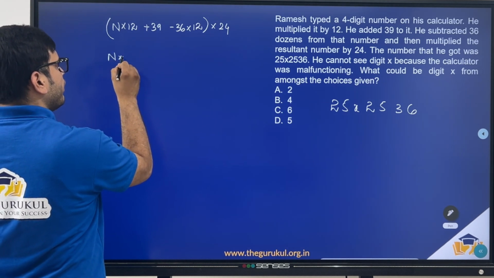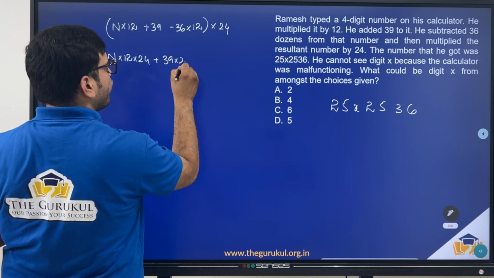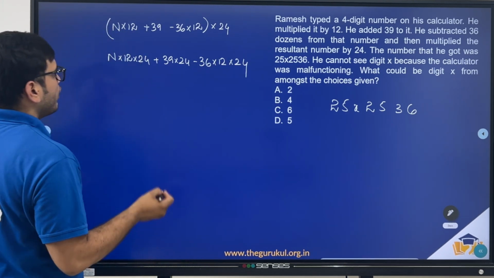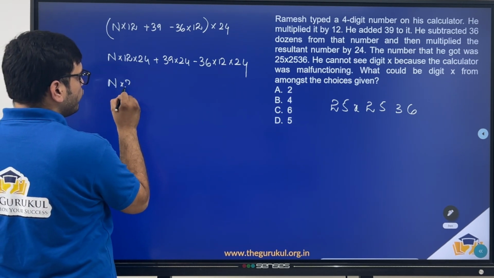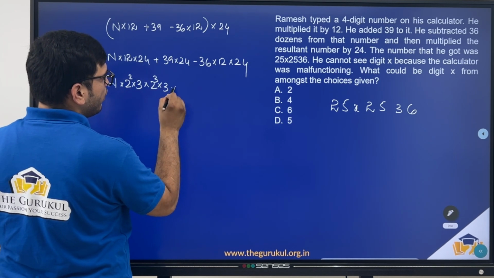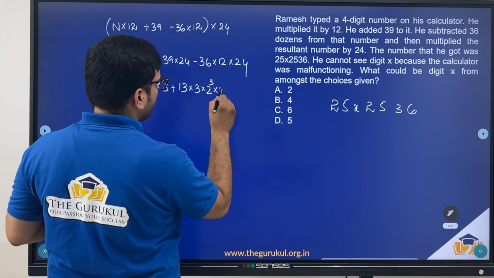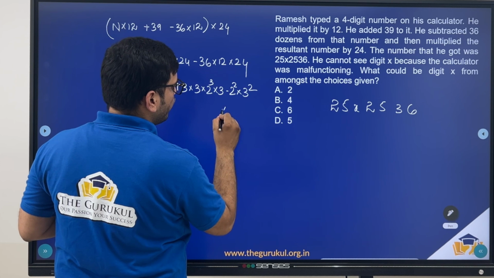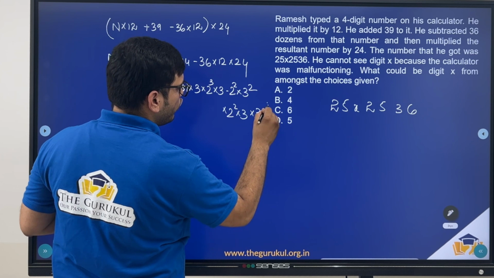Now let me expand this: n into 12 into 24 plus 39 into 24 minus 36 into 12 into 24. So this is n into, let's prime factorize. 12 is nothing but 2 square into 3, into 24, 2 cube into 3, plus 39, 13 into 3, into 24, 2 cube into 3, minus 36, 2 square into 3 square, into 12, 2 square into 3, into 24, 3 into 2 cube.